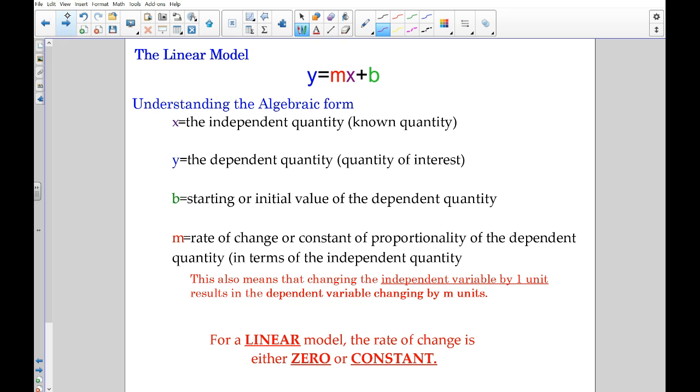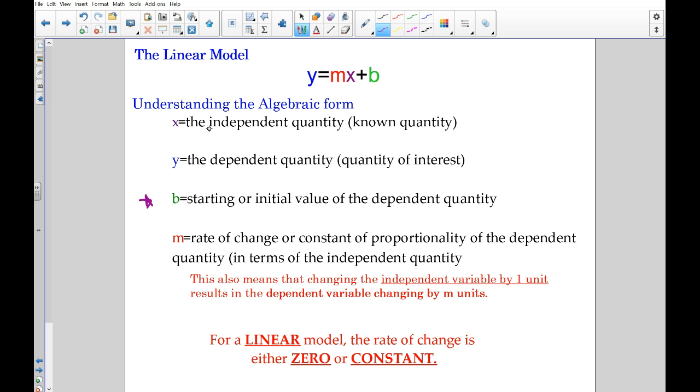As we progress, y is equal to mx plus b. We talked about b already being the starting value, the y-intercept. In a linear model, the dependent quantity, y in this case, is going to start at that value, and then x is going to be our independent quantity.